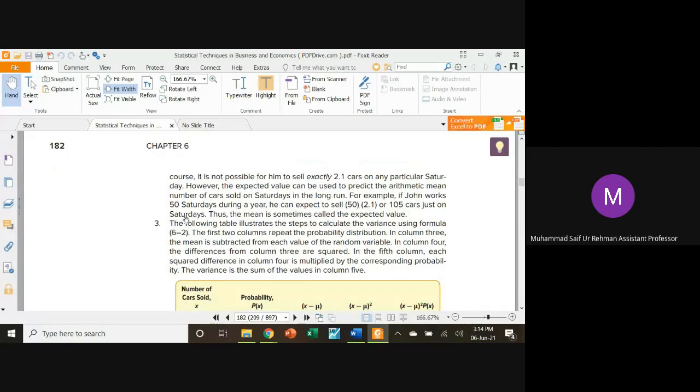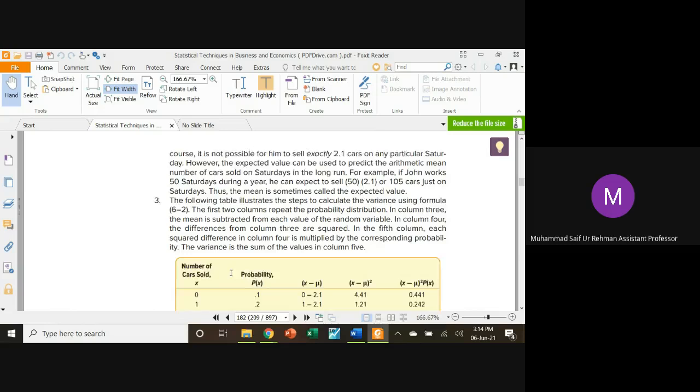For example, if John works 50 Saturdays during a year, he can expect to sell 105 cars just on Saturdays. So this may help when you are going to take more than one Saturday, because in that case you will have a figure like this, 105.